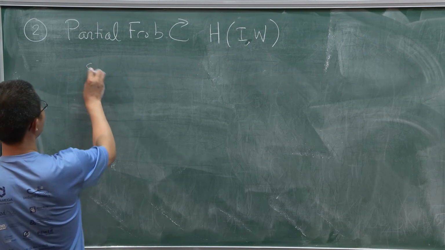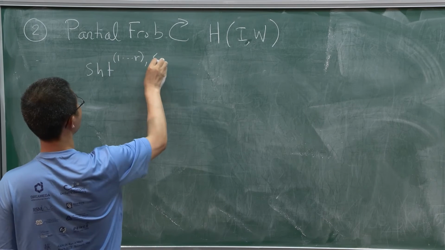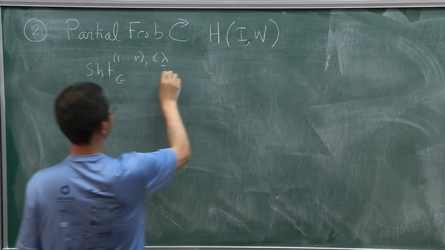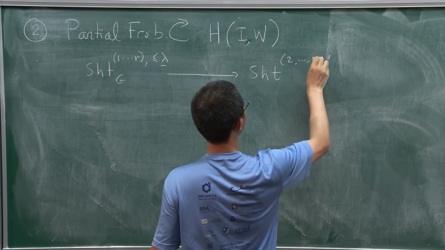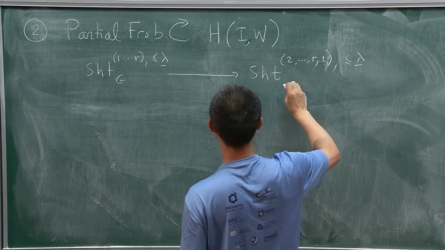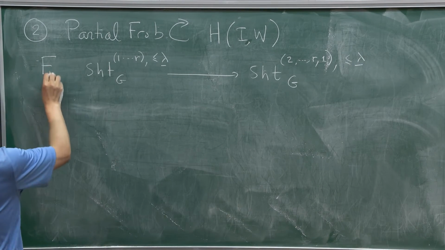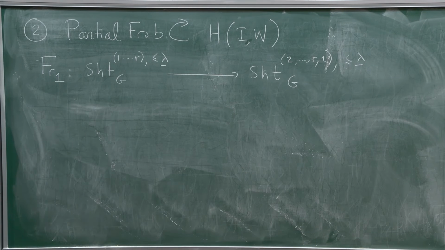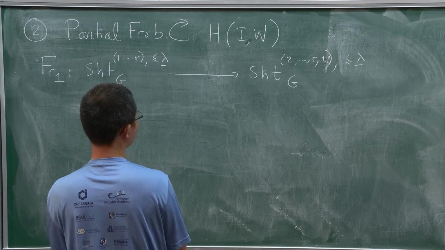So recall partial Frobenius is a map, where you have a cyclic permutation of the indices. This certainly induces a pullback map.